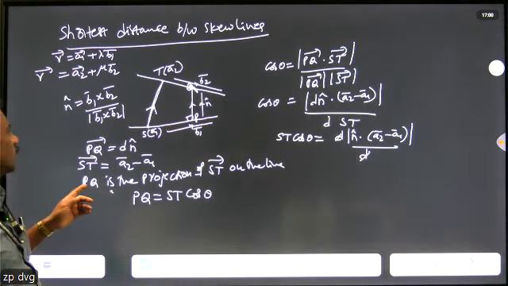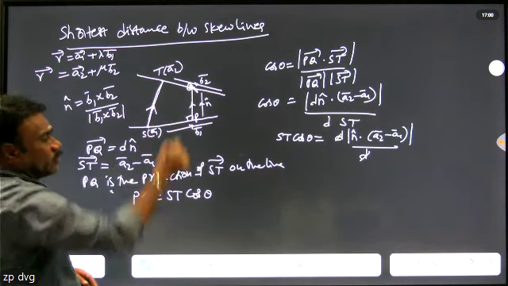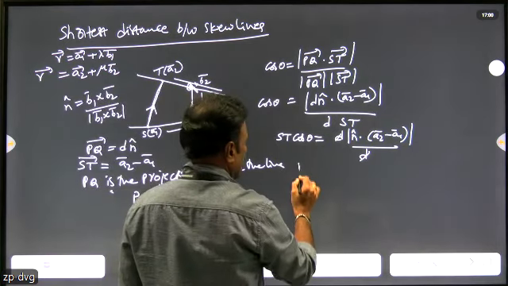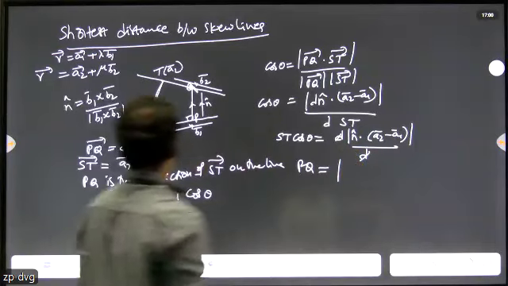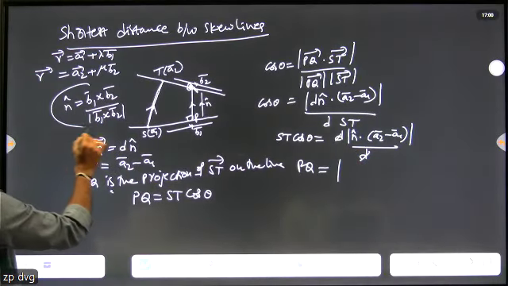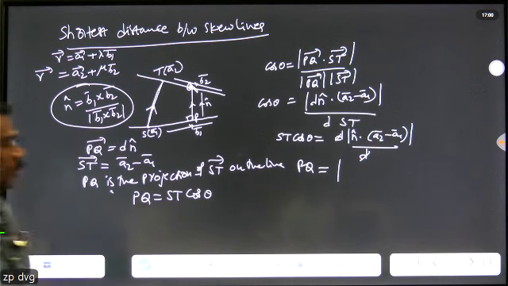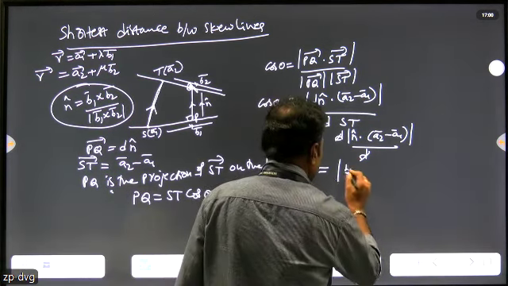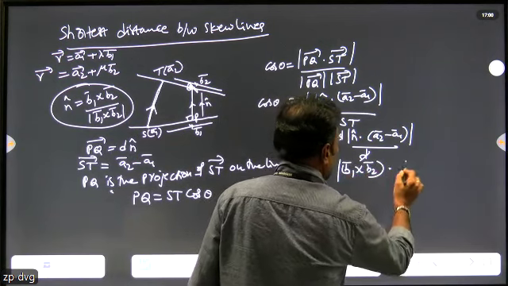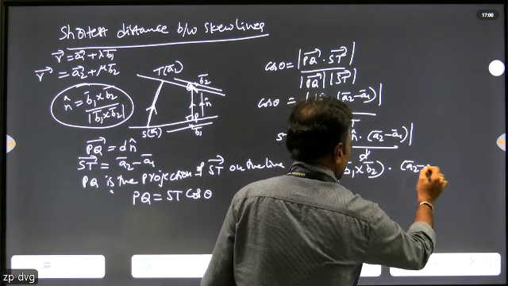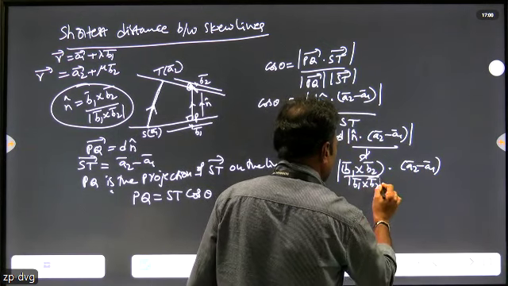But what is ST cos theta? We know ST cos theta is PQ, nothing but the distance between the two lines. So you will get PQ equal to modulus of n cap dot A2 bar minus A1 bar. What is n cap? N cap is B1 bar cross B2 bar by mod B1 bar cross B2 bar. So you can write this as B1 bar cross B2 bar dot A2 bar minus A1 bar by mod B1 bar cross B2 bar.